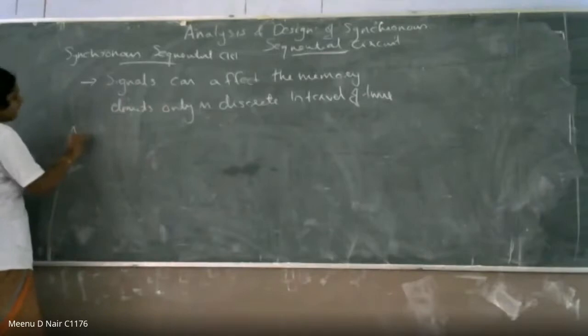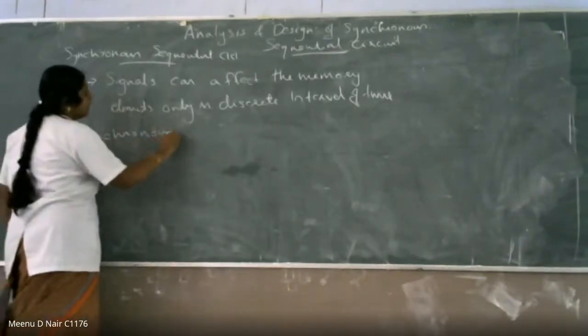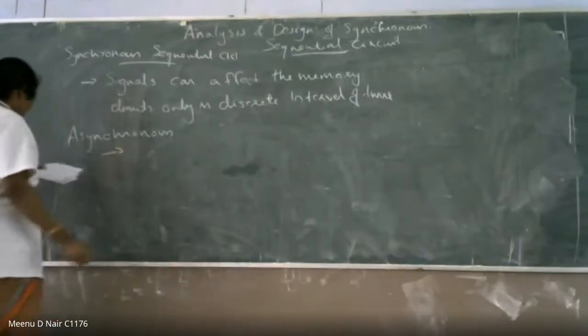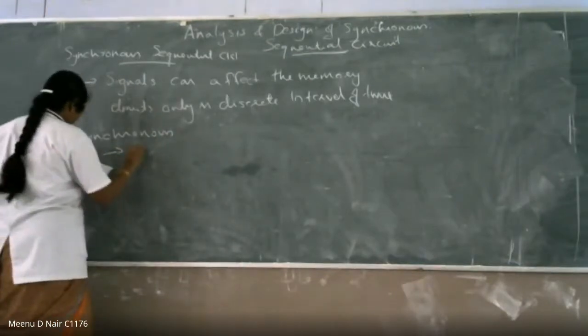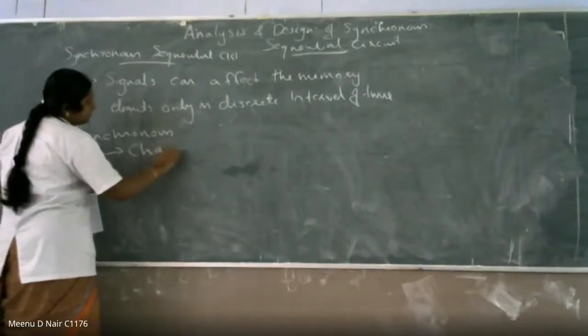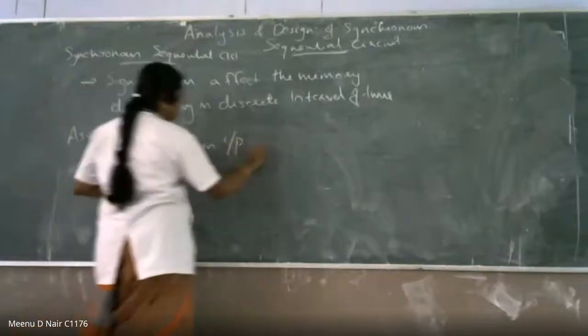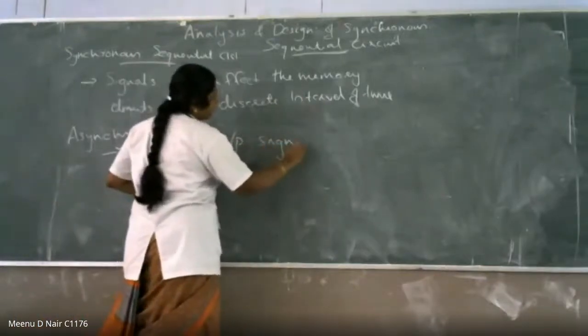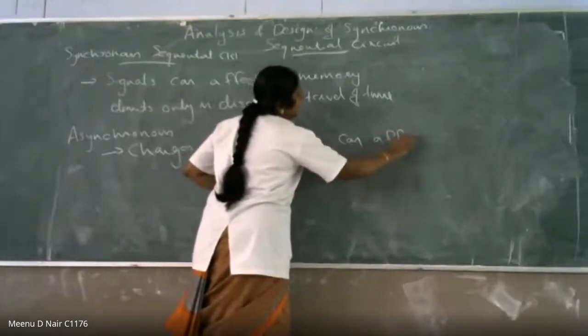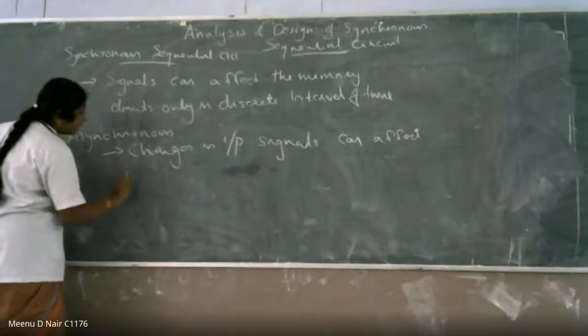So what is asynchronous? An asynchronous sequential circuit is nothing but changes in input signals can affect the memory element.